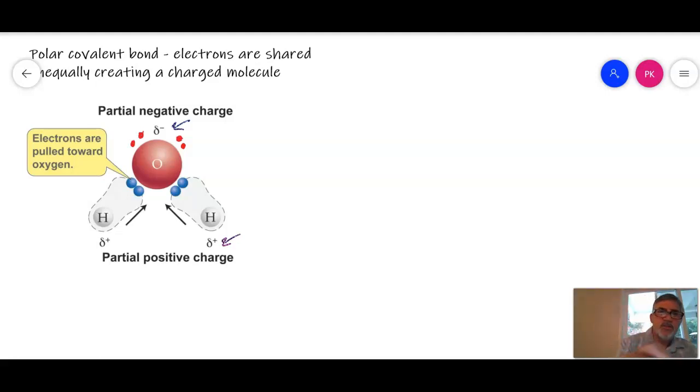So it actually has 2 areas of negative charge, and it ends up having 2 positive charges. So if we draw it like the Lewis, right? Oxygen has 1, 2, 3, 4, 5, 6 valence electrons. Hydrogen has 1 valence electron, and they're shared between them.